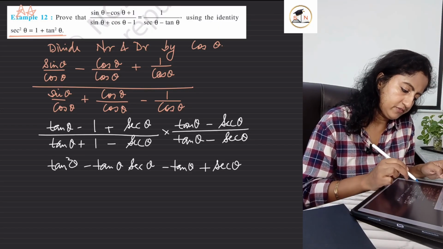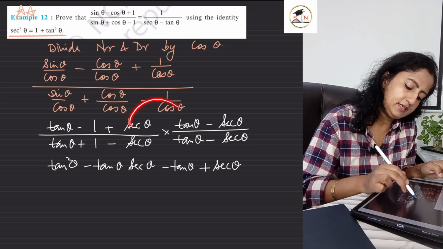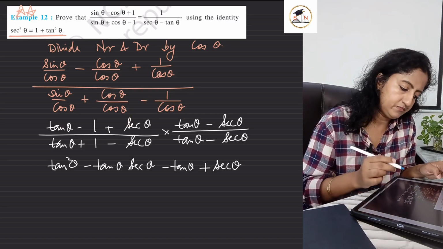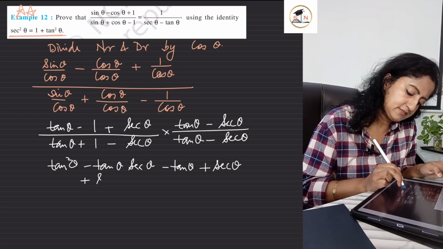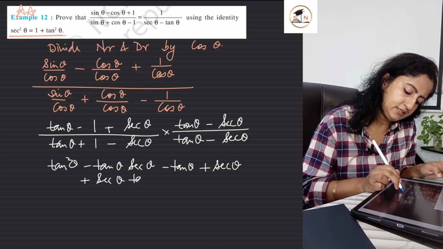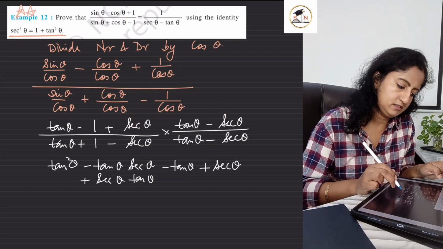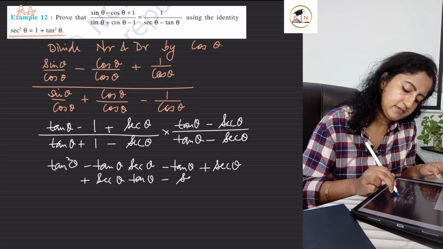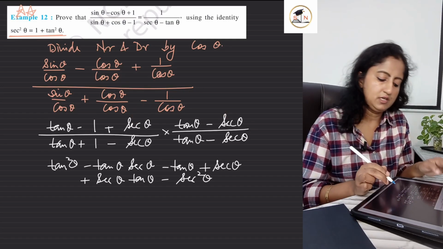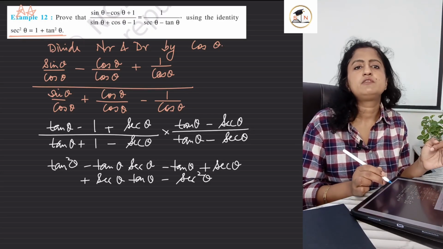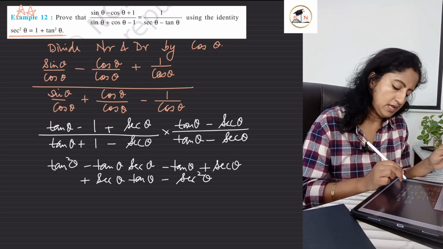Then what we have? Sec theta into tan theta, that gives plus sec theta tan theta. And the last, sec theta into sec theta gives minus sec square theta. So this is the kind of expansion we have in the numerator.